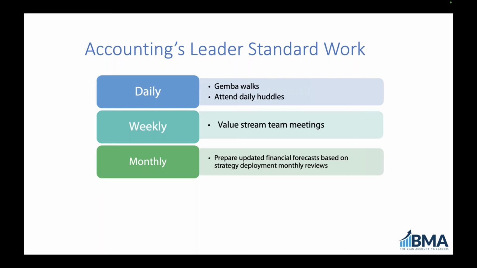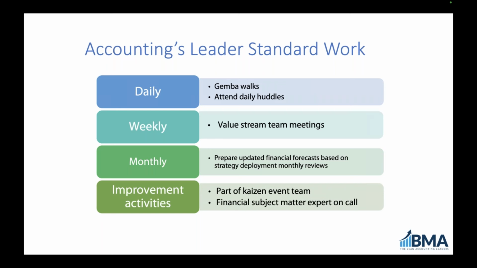This isn't about budgeting. This is about updating forecasts and taking into consideration improvements that are being made and how that may impact improvements in financial results. And then being part of Kaizen events, either being on the team or being the financial subject matter expert on call.